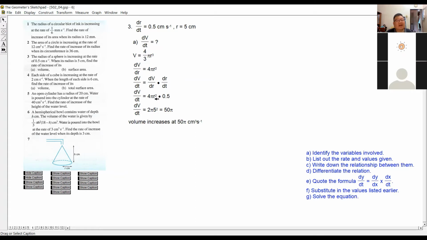Still got r there, cannot? 5. You look at the top there, r is 5, then substitute inside. Finally, you get dv dt is 50 pi. So in words form, volume increases at 50 pi cubic centimeter per second.